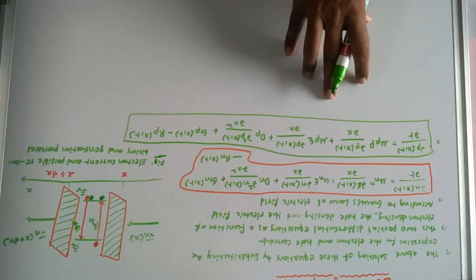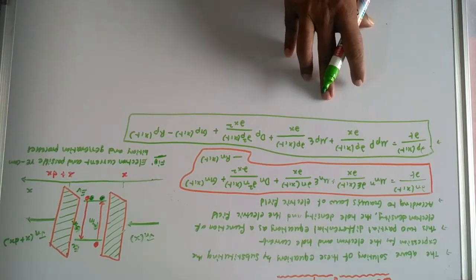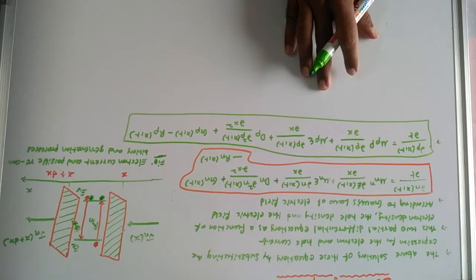This is the current density according to Gauss law in the electric field.